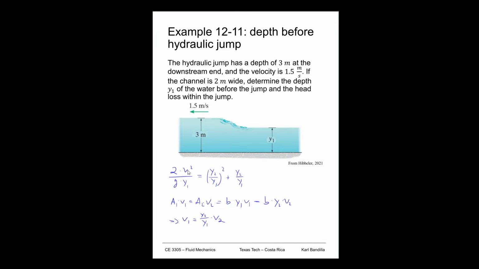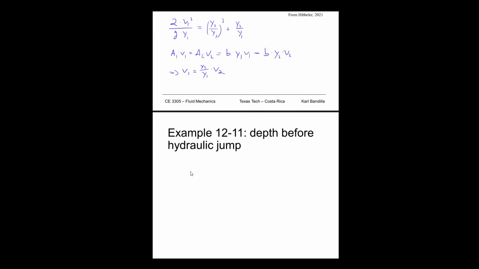Now I can plug this into my equation up here, and then we can see how far we get. So it'll be 2 times v1, which is y2 over y1 times v2, all that squared, divided by g times y1.